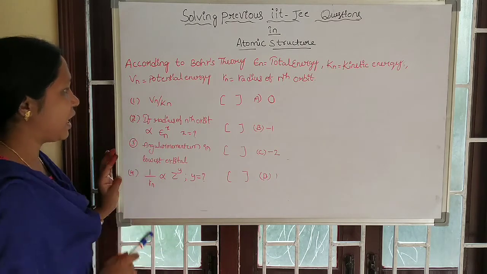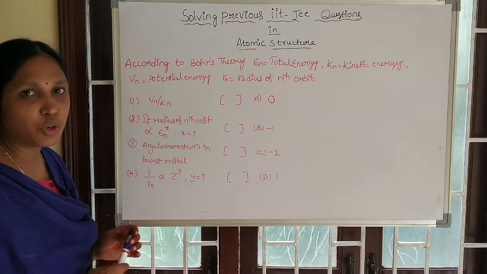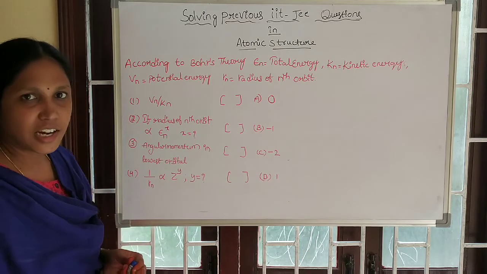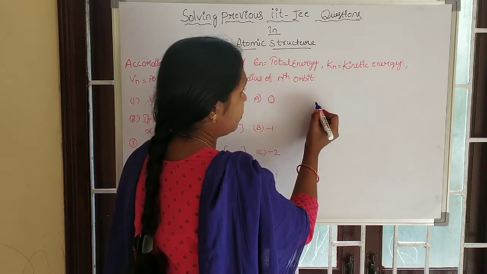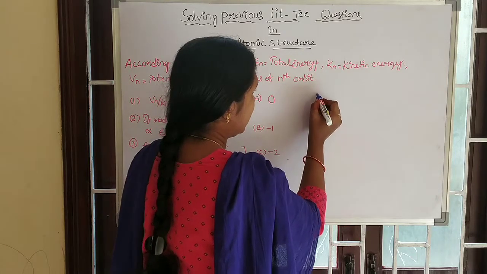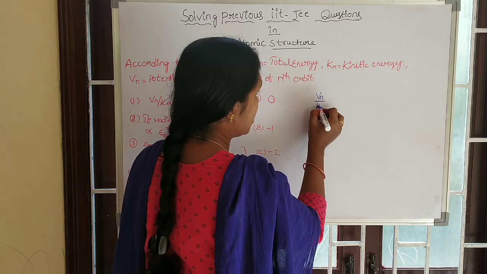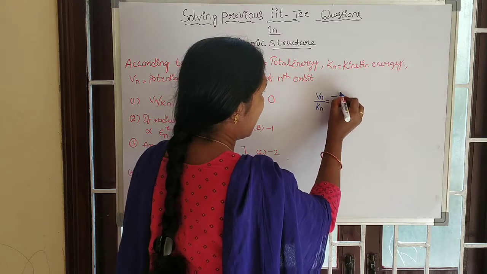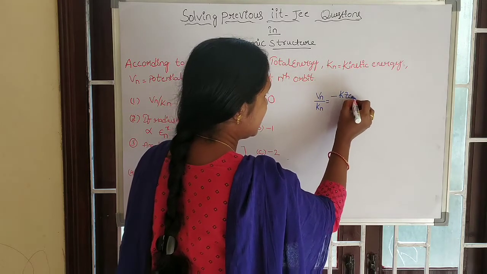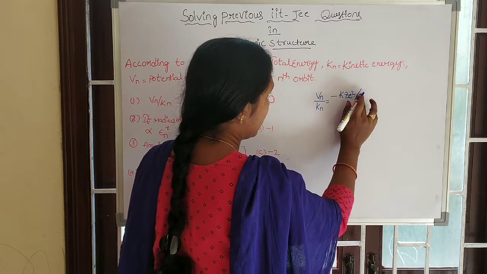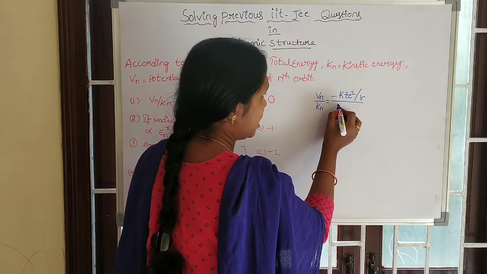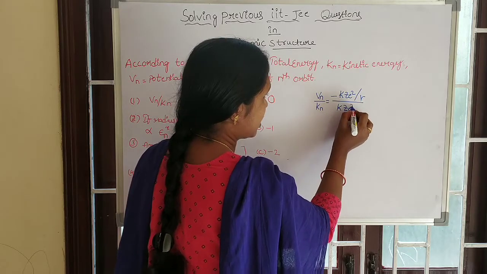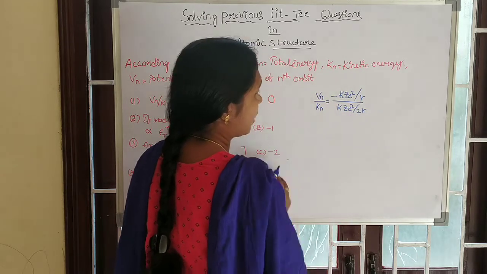See Vn by Kn. Vn is the potential energy and Kn is the kinetic energy. According to the Bohr atomic model, the potential energy is equal to minus kZ squared by r, and the kinetic energy is kZ squared by 2r.